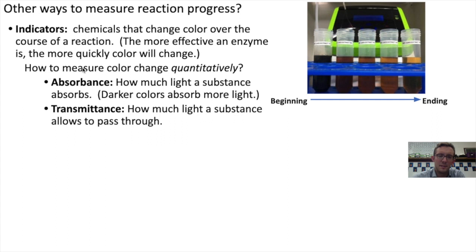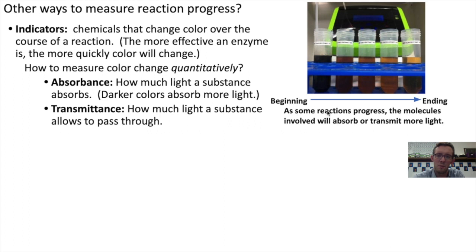As for how scientists measure the change in color quantitatively, that is, rather than just describing the color change, actually measuring with numbers how much color has changed, they can look at the absorbance of a substance, that is, how much light a substance absorbs, where the darker the color, the more light it absorbs. Or they can look at the transmittance of a substance, that is, how much light a substance allows to pass through.